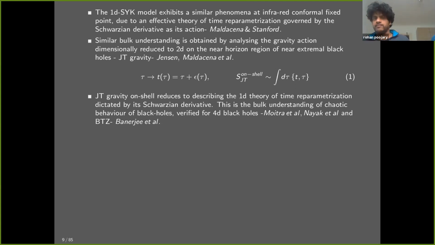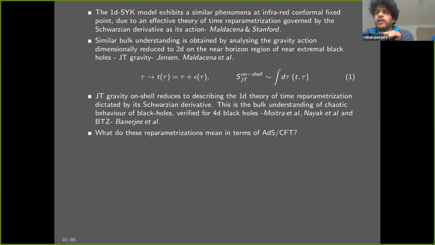This was also checked for BTZ: if you dimensionally reduce to 2 dimensions close to the horizon, you actually reproduce JT gravity, and the thermodynamics of these 2 systems close to extremality match. And of course the Schwarzian tells you that if you consider the 1D CFT and the 2D AdS2, you could get the chaotic degrees of freedom.